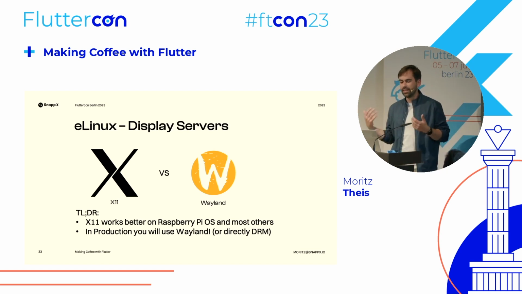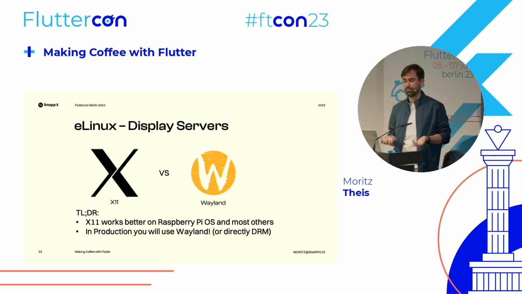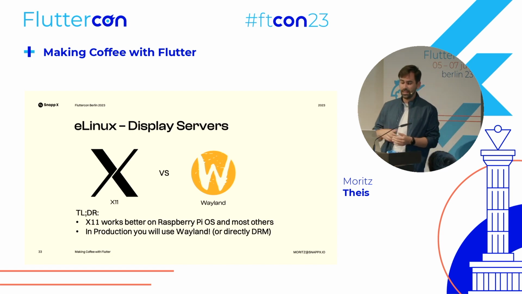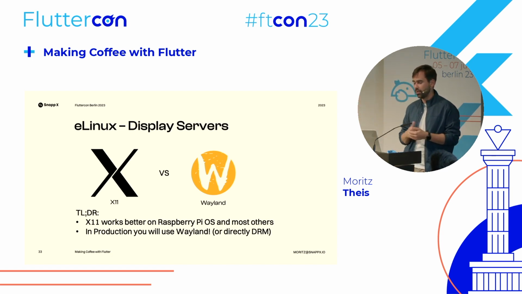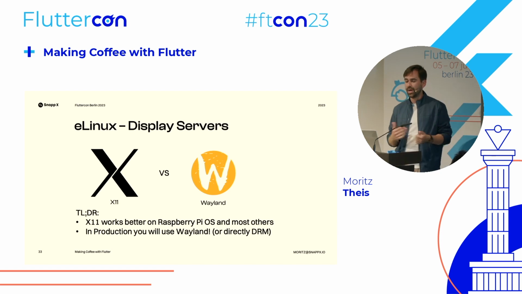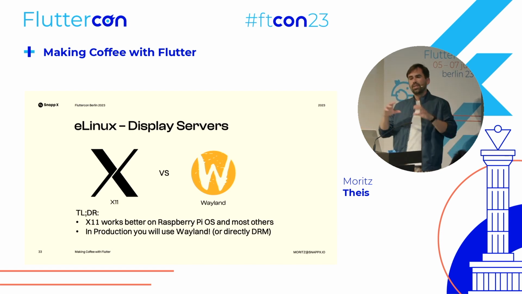And in Linux, there are two really prominent display server protocols. The most prominent one is Xorg, the X Window System, written as X11 here. And a newer approach is Wayland. The thing is, Xorg is really widely used.